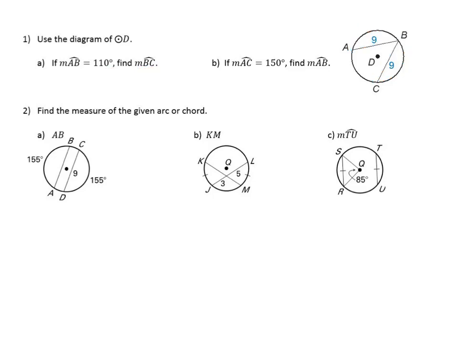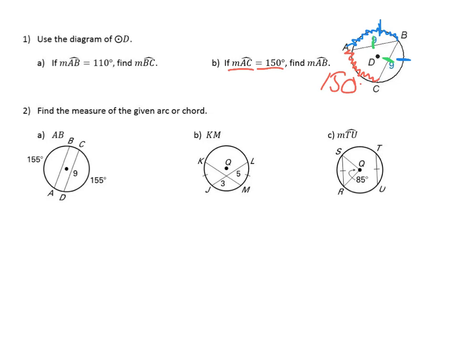Now the next example they give me is slightly different because the arc measure they're giving me is AC, on the outside of those two chords. What they're telling me is AC is 150 degrees. What I'm looking for is the measure of arc AB. Now, you have to look at the other information given. I know that chord AB is congruent to chord BC, which tells me that arc AB is congruent to arc BC.